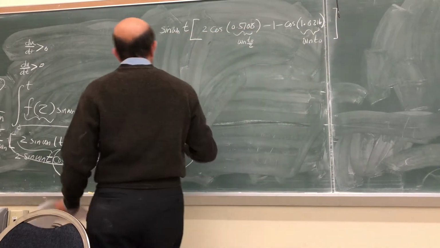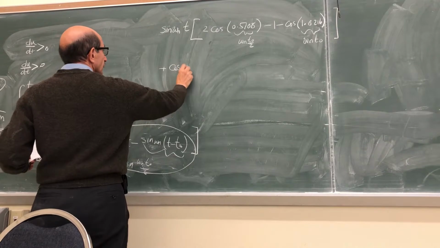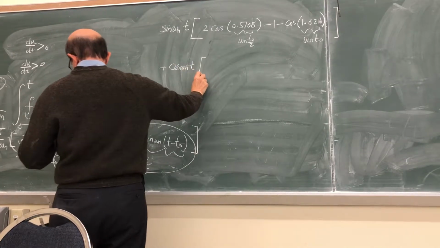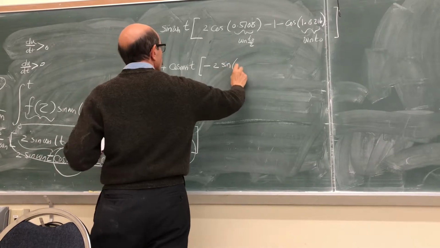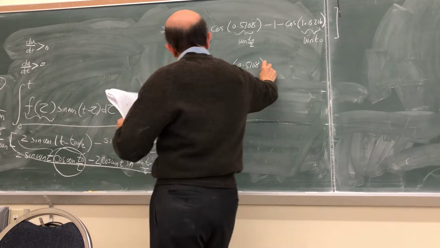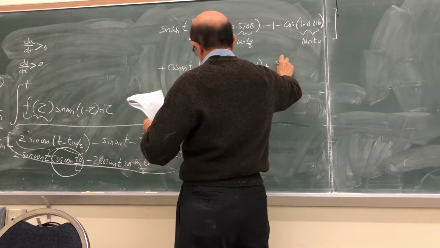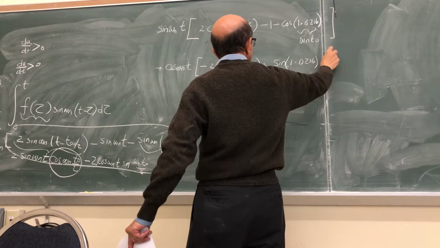Then plus cosine omega n t times minus 2 sine 0.5108 plus sine of 1.0216.